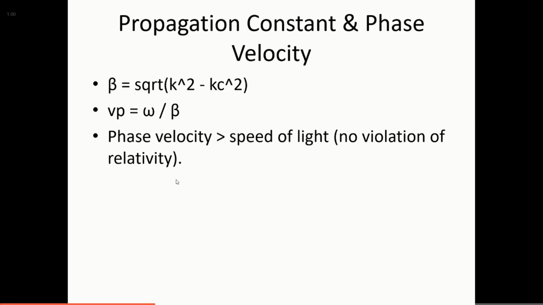Vp can be calculated by dividing omega by beta. Here, k, the free space wave number, is 2 pi by lambda. Interestingly, inside a waveguide, phase velocity is greater than the speed of light, but the actual energy, which is the group velocity, moves slower.